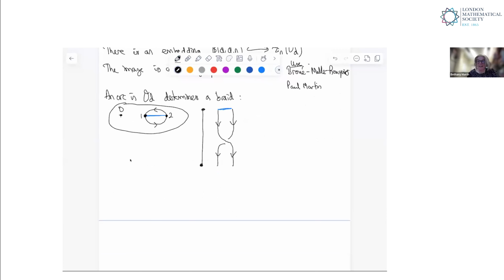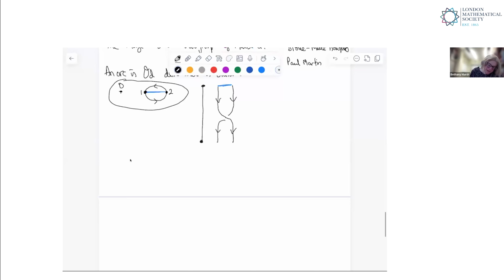Okay, so we'd like to get a triangulation picture as we did for the real case. So add n-1 marked points to O_D along the boundary.